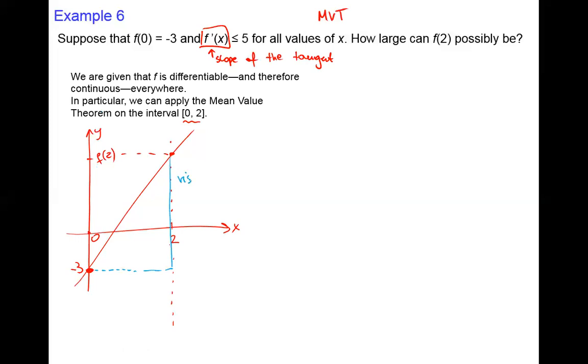A rise is defined as f of 2 minus -3, because that's the value, and 2 minus 0. 7, I think it's 7, because this number, rise over 2, must be 5. And what number, because I know that this is 2, what number divided by 2 is 5?